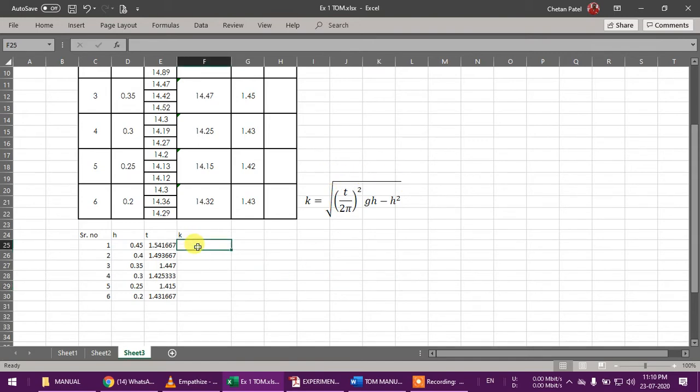So I am going here, let us put equal to. So T square, bracket starting, so this is T, click here, again multiplied by the same, so this is T square, and divided by, I will take a bracket here, 2 pi, so it will be 4 pi, so 4 multiplied by pi. Here for pi you can use PI and bracket over, and again multiplied by pi bracket and end, so this is equal to 4 pi square, and one bracket for this entire 4 pi square.